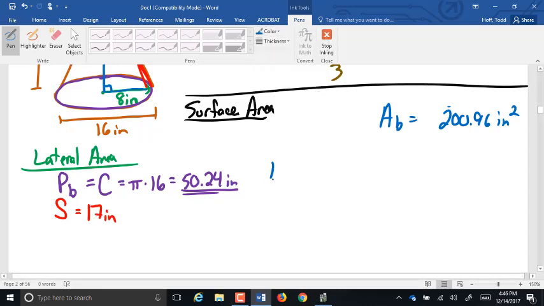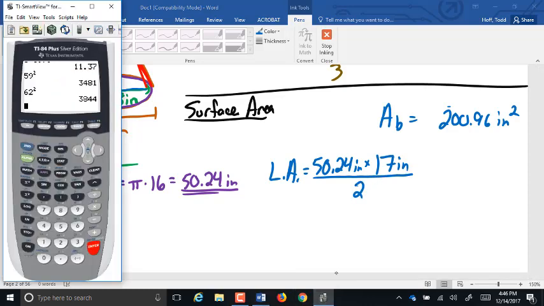So our lateral area is the perimeter of the base, 50.24 inches, times that slant of 17 inches. And because it is a cone or a pyramid, it comes to a point. It forms a triangular type shape. You divide that by 2.